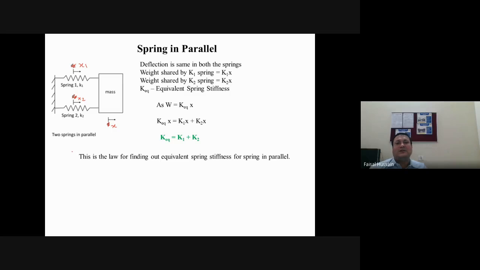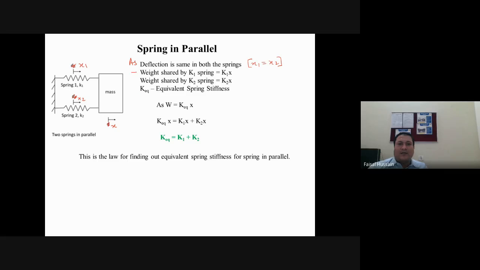Because both the springs are attached in parallel. So if the mass is attached to both the springs and there is a total displacement, the displacement of x1 and the displacement of x2 will be the same. Now deflection is the same in both the springs. It means that x1 and x2 are the same.